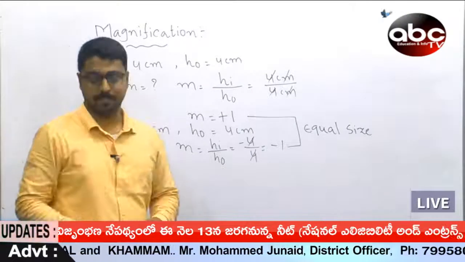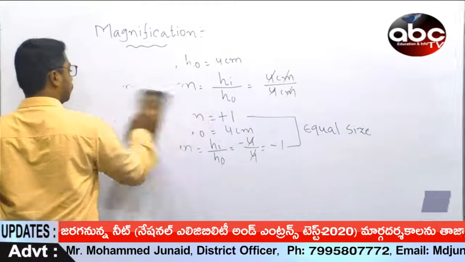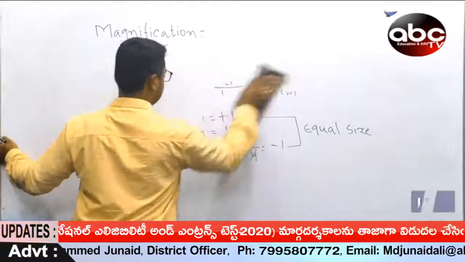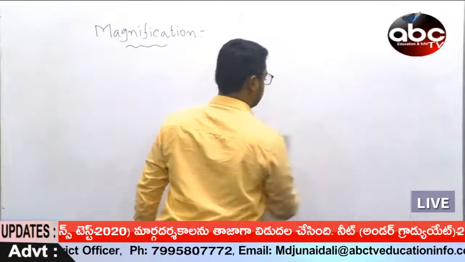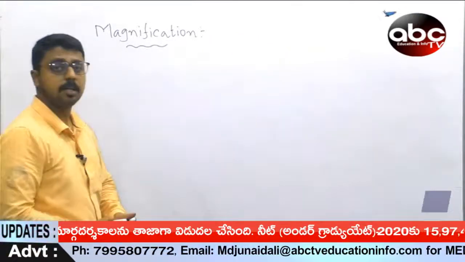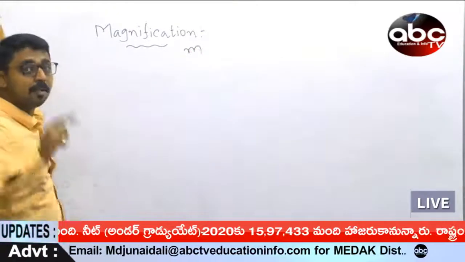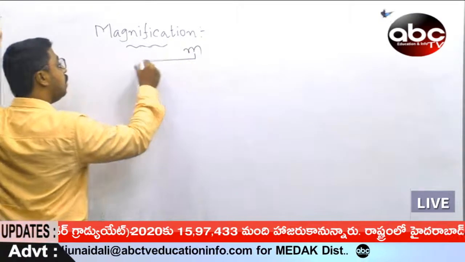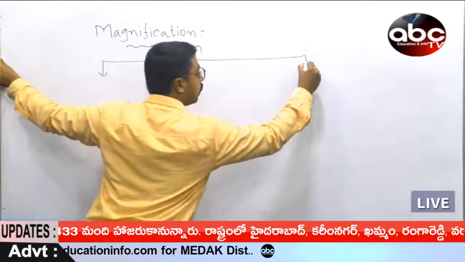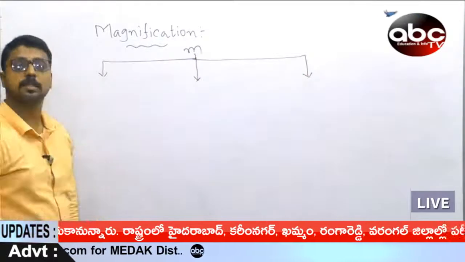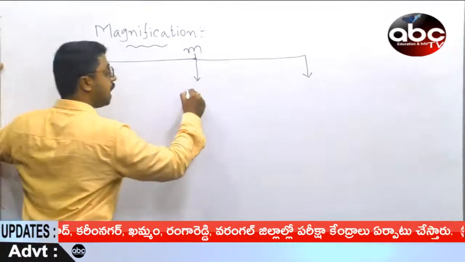I'll say now. So listen children, here the magnification power value can be taken within 3 different zones. What are they? It might be 1.